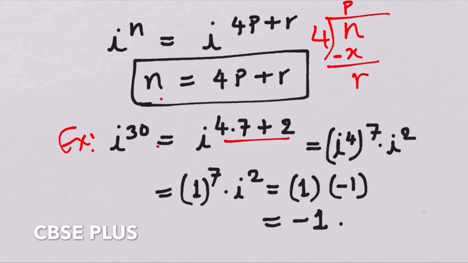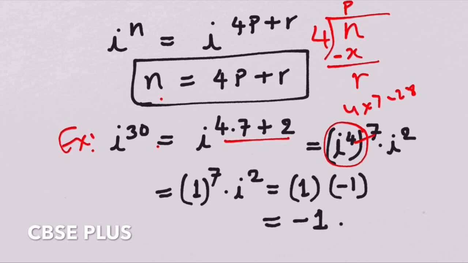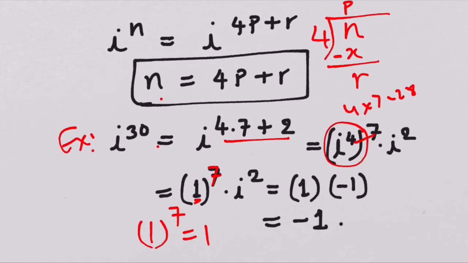Iota to the power 4 is actually 1, and 1 raised to the power 7, multiplied several times, will give the result 1 only. So that makes it very simple. Then we have iota square, which is 1 into iota square. We know that it is minus 1, and we get the result minus 1.